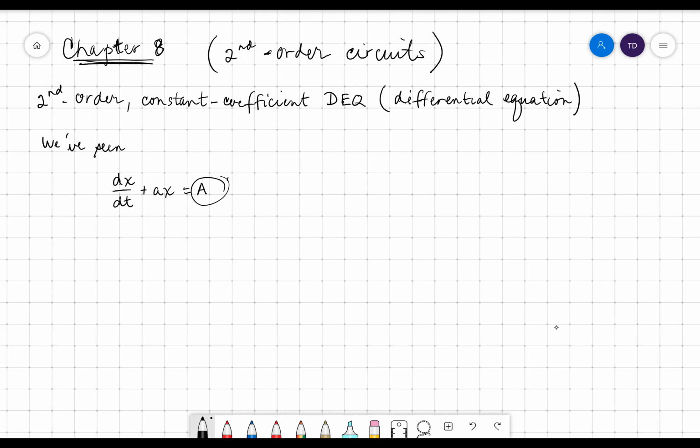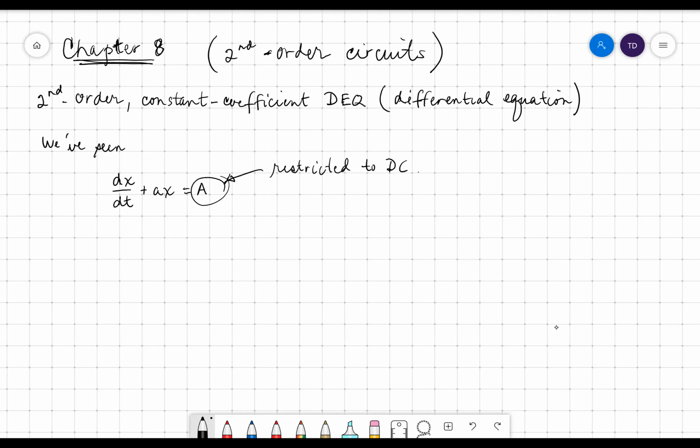And we restricted this up to this point to DC. We're going to expand beyond that. It doesn't have to just be a constant value anymore. So it'll be restricted beyond DC. So these are the equations that we're going to look at. They're going to look like the following.